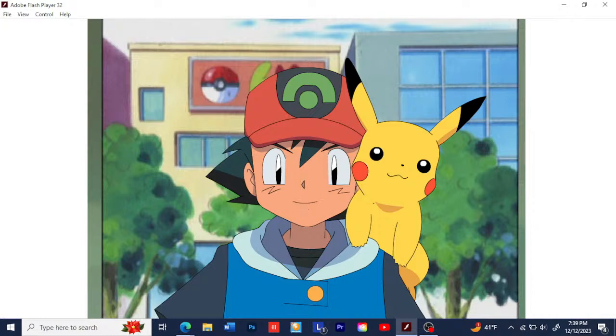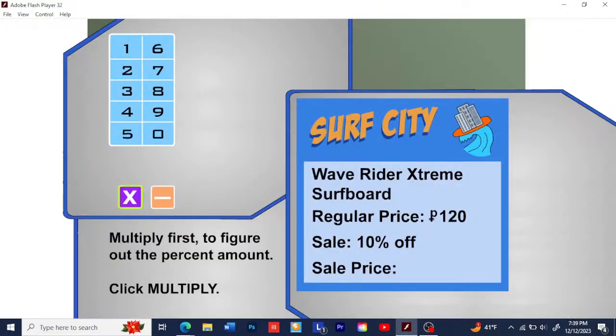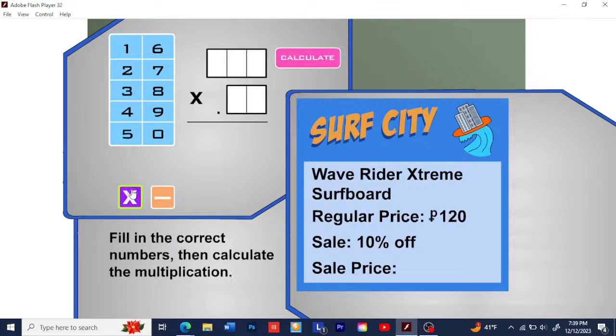Are you ready to do some board shopping? Pikachu! Here you go. Check out this info. It's from the first store. Multiply first to figure out the percent amount. Fill in the correct numbers, then calculate the multiplication.